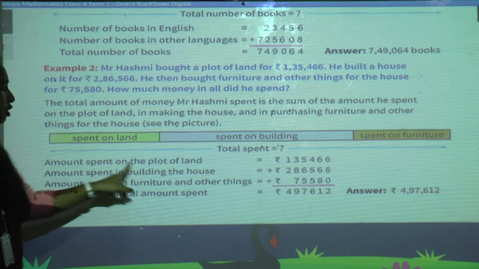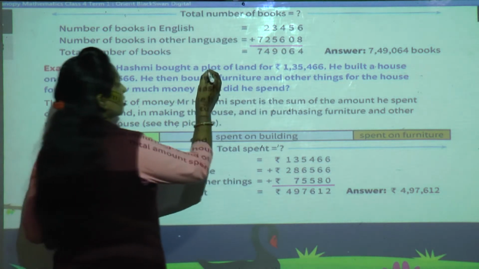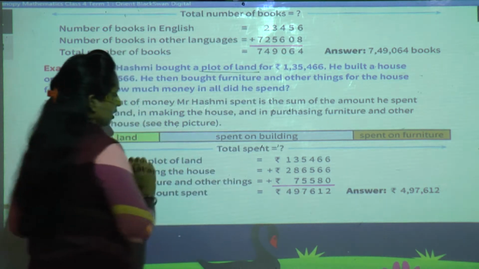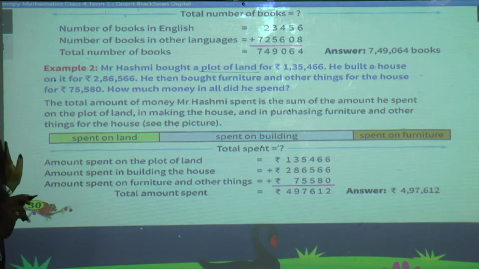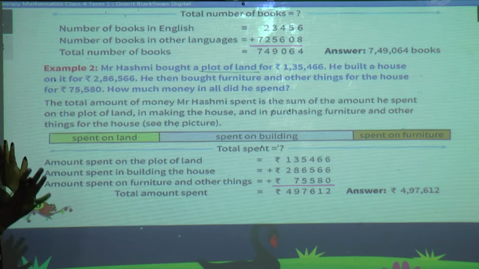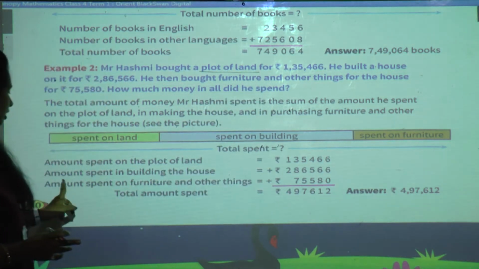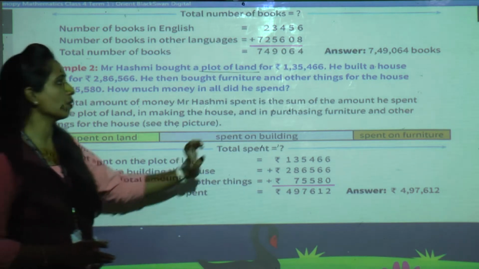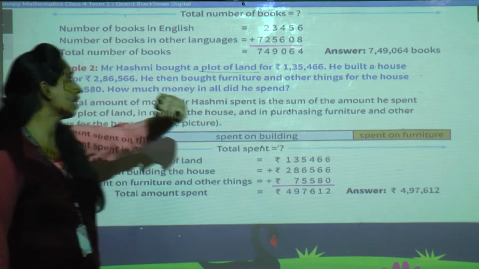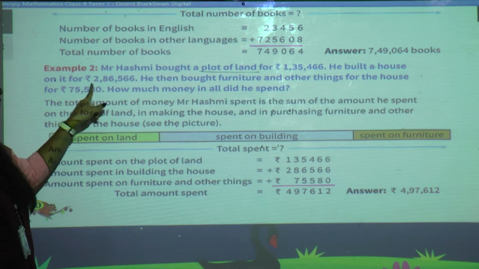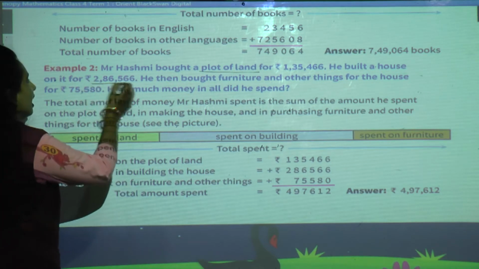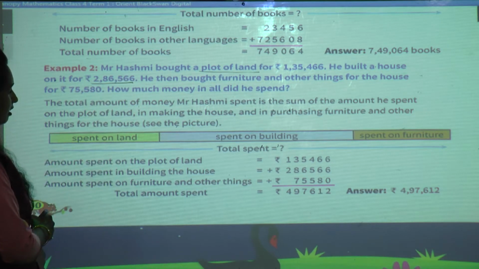See, amount spent on plot of land. Just write amount spent to make a proper sentence. Whatever amount we have written, and then amount spent on building the house. Next, he built the house for 2,86,566.